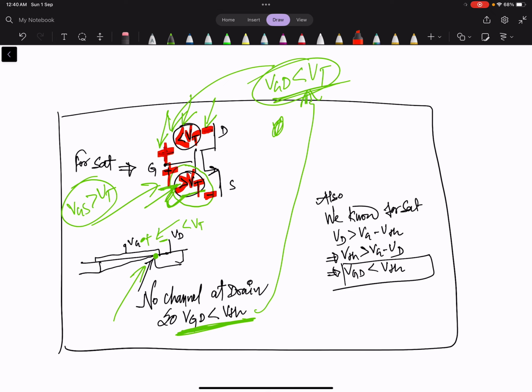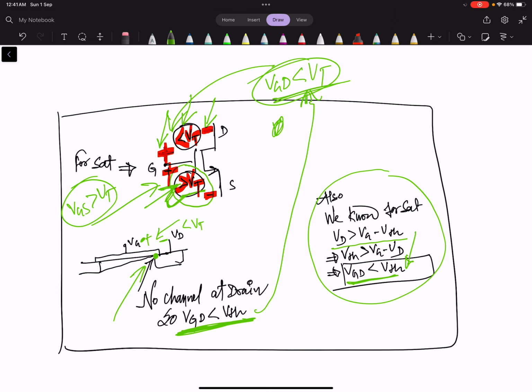And we also know from the basics that for the saturation condition VGS should be greater than VTH. From here we also get that VGD should be less than VTH.